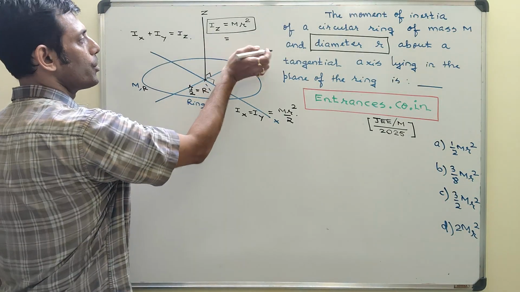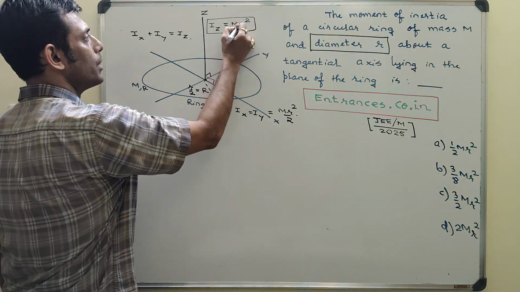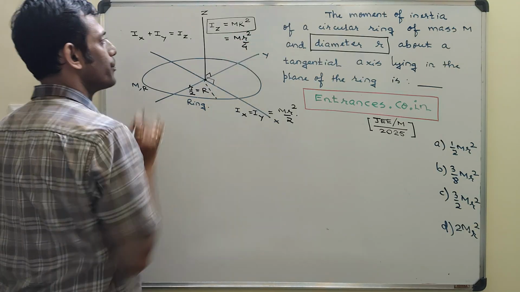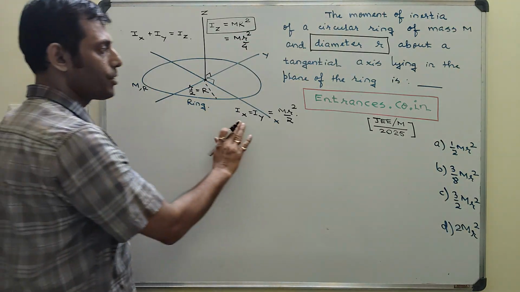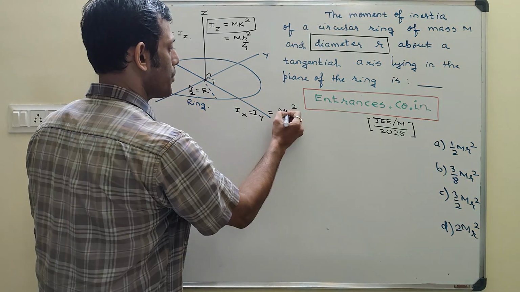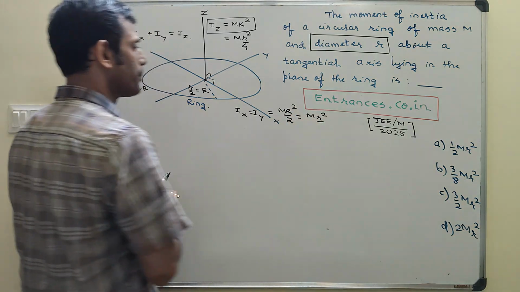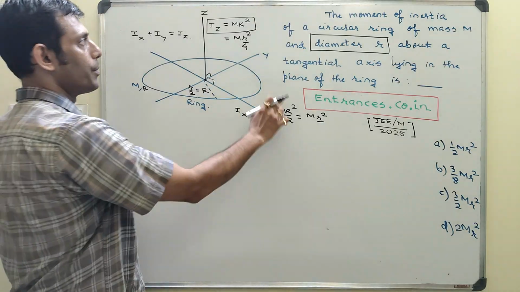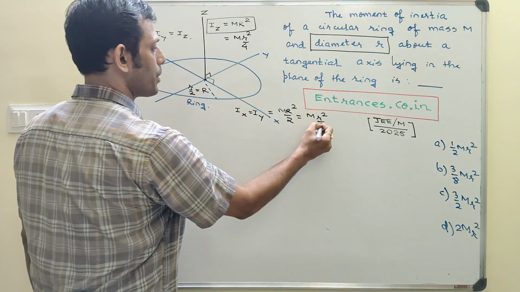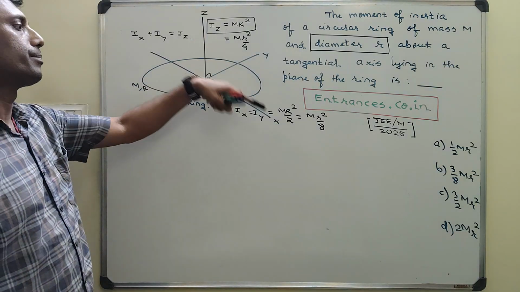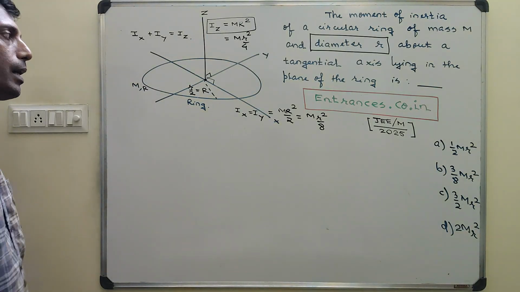That means the moment of inertia about the z-axis is going to be m r square by 4, and that means each of these is going to be half of that, hence equal to mr square by 8.